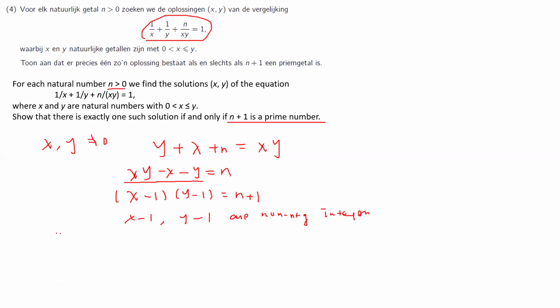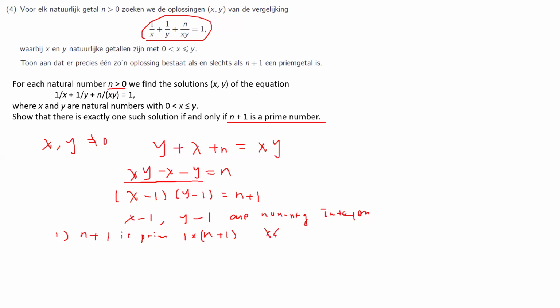Okay, so it's easy to say that if n plus 1 is prime, that means we can factorize the right part as 1 times n plus 1, right?